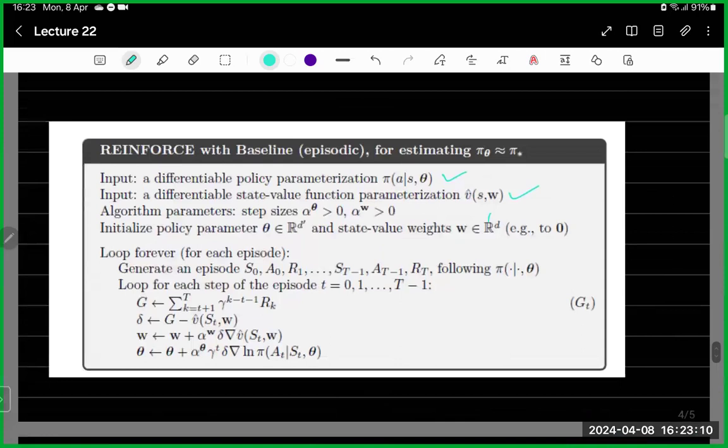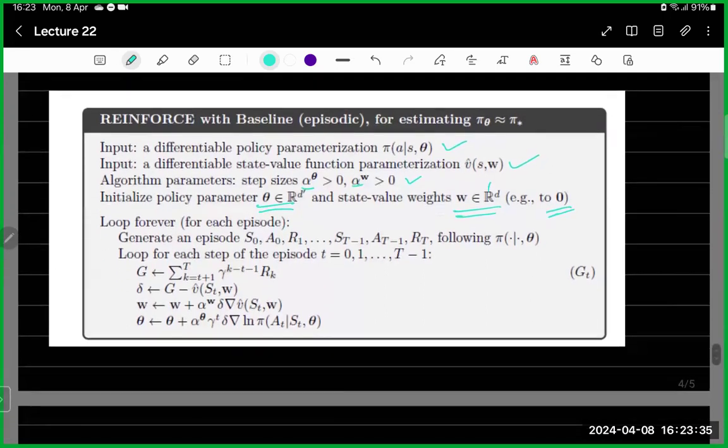And then you initialize the step sizes corresponding to both the value update and the policy update. You can choose some small numbers or you can use numbers which decrease with time, like 1 by t, something like that. You have to initialize the policy parameters and the value parameters with some arbitrary values. Maybe you can start with 0.